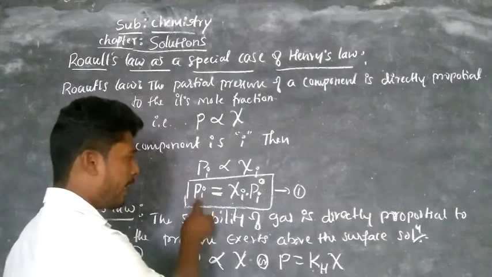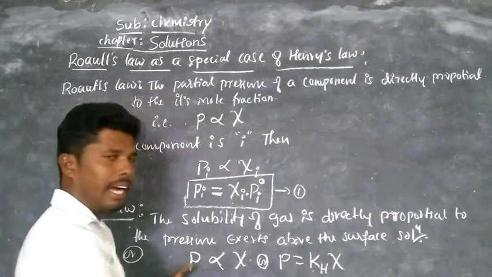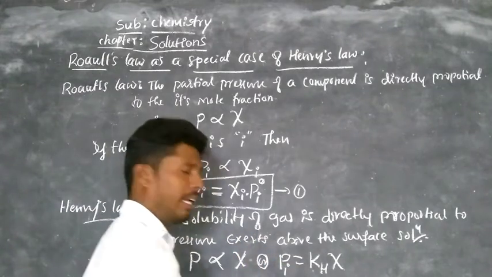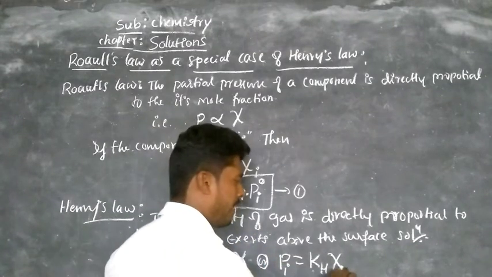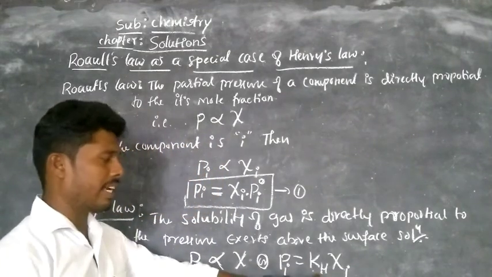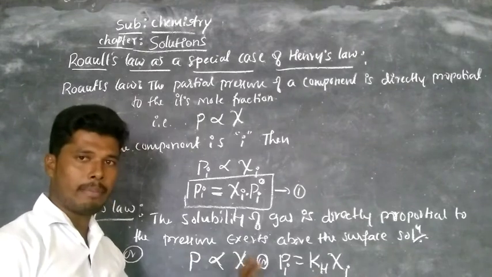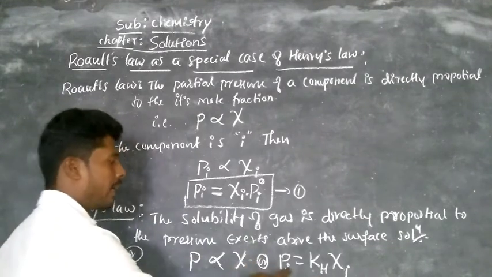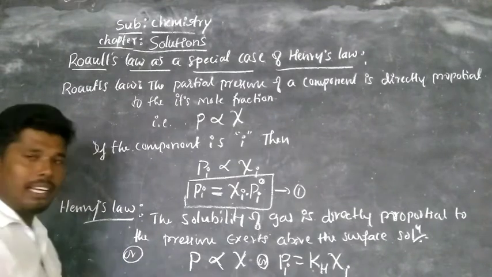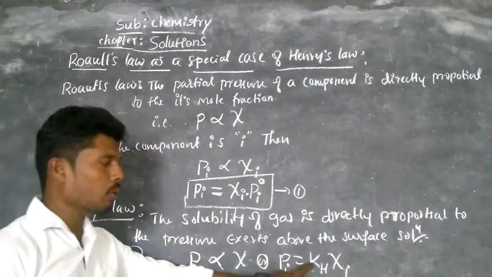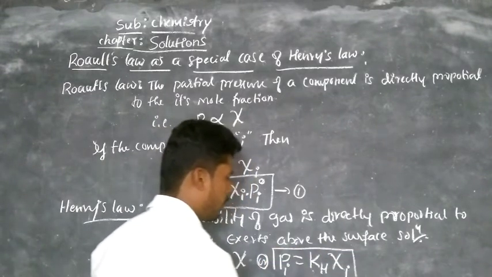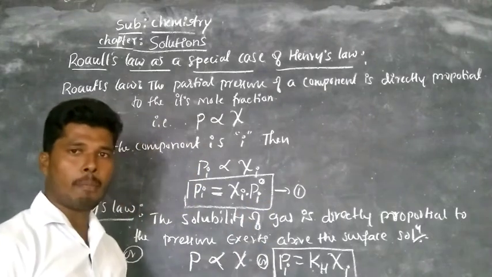Now, for a component i, this equation can be written as P of i equal to Kh into chi of i, where Henry's constant Kh is a constant. This is the mathematical equation according to Henry's law for volatile components.